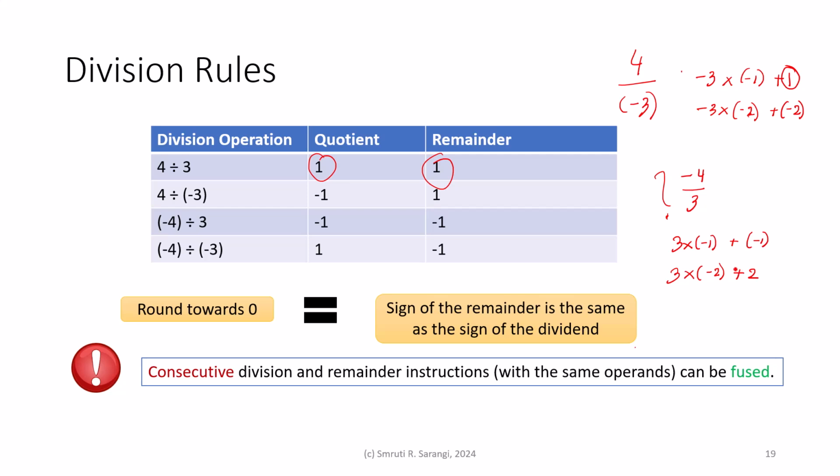So in this case, one of the quotients needs to be chosen. Again, we choose that quotient which is towards 0, which is minus 1. So that is why we choose minus 1, and the remainder here becomes minus 1. So the remainder becomes negative, right? This is another thing that we need to bear in mind.